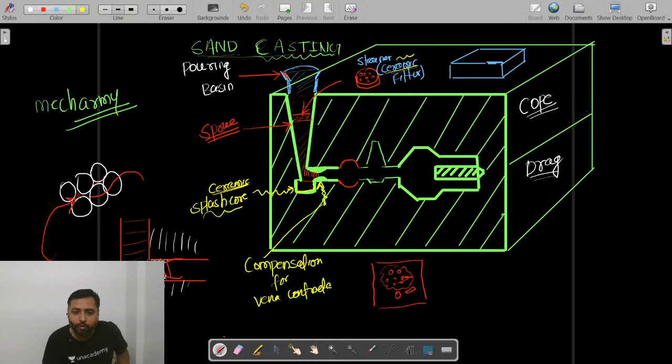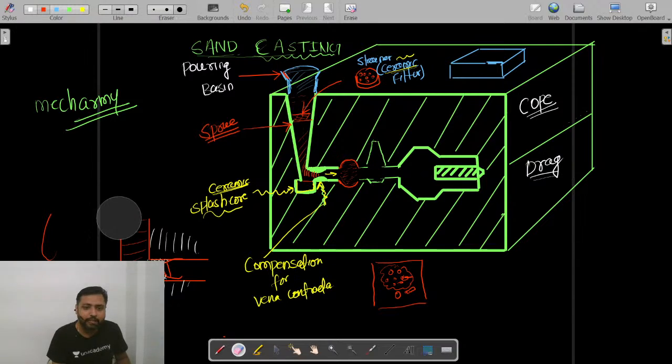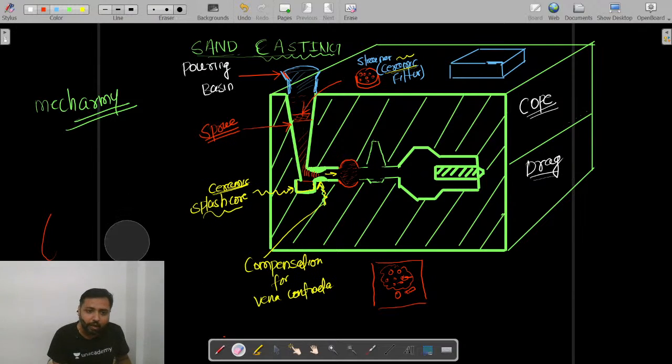Now your molten metal moves in this direction, and then reaches here, in this section. Here is where the second stage filtering will happen. And how does this second stage filtering happen? Let me now discuss.